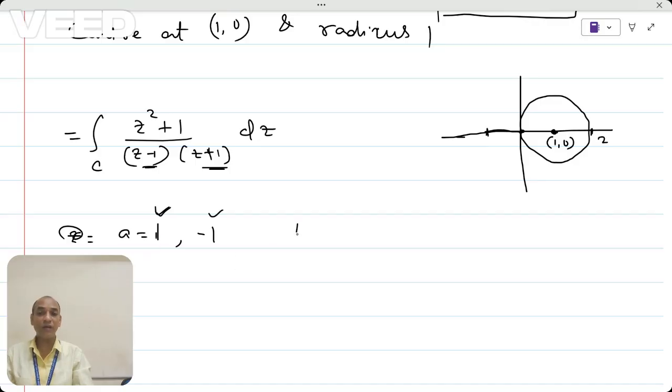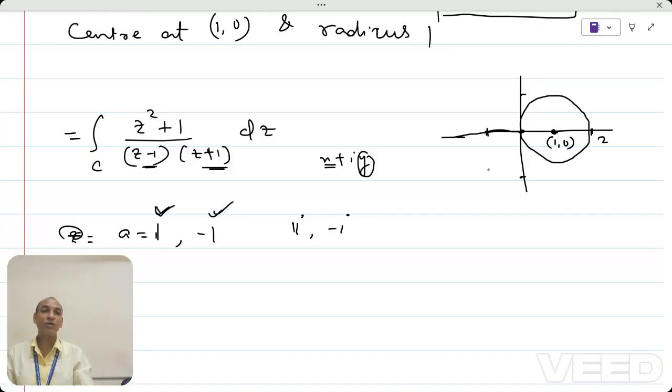If instead I got i or minus i, then i means x plus iy with x equal to 0 and y equal to 1, and I could check that. Since both values are real, I am checking along the x-axis.